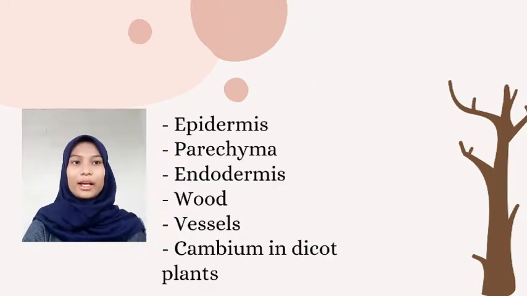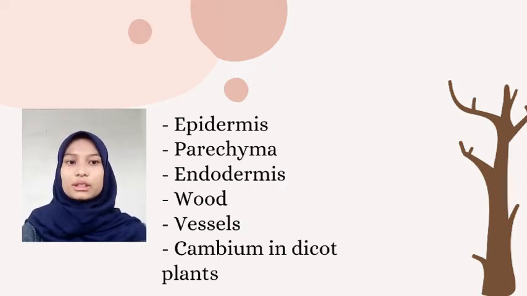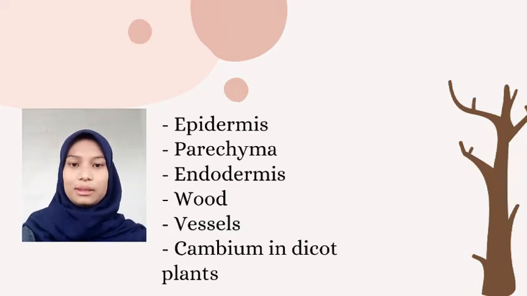The stem has tissues composed of epidermis, parenchyma, endodermis, wood vessels, and cambium in dicot plants.